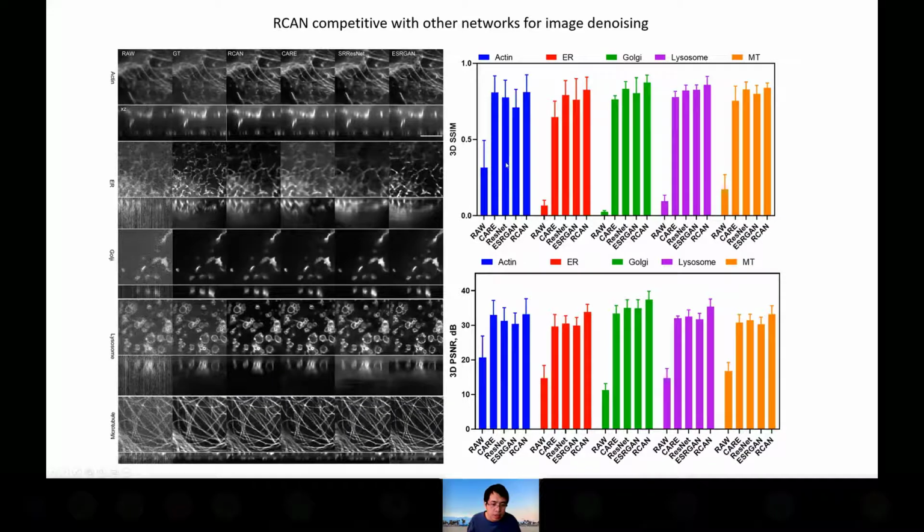We also evaluated the network performance using these two metrics. We found that the RCAN works great for a variety of different cellular structures, and the performance of 3D RCAN is competitive with other state-of-the-art convolutional neural networks.